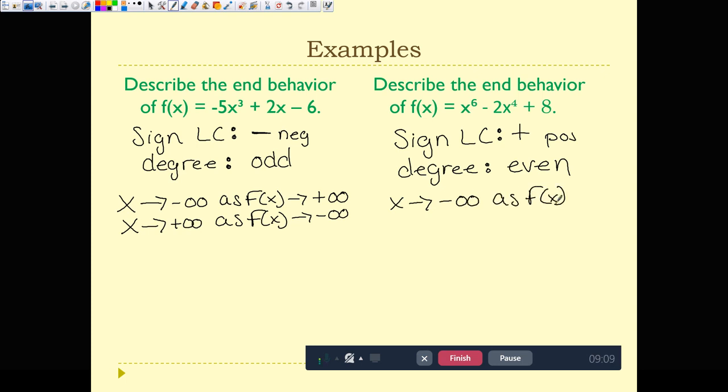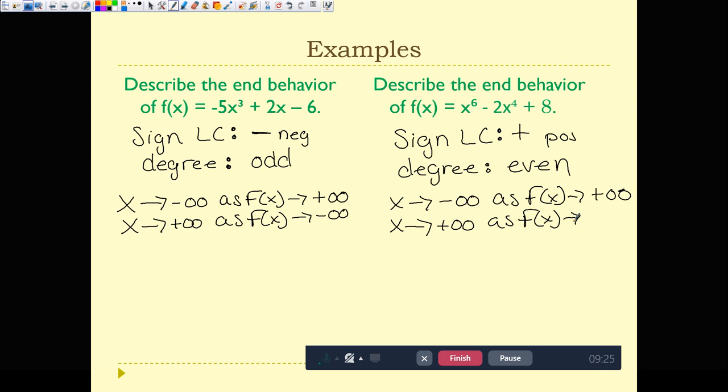Positive infinity. As x approaches positive infinity, as f of x, this is even, so it's going to go in the same direction, so it's also going to be positive infinity.